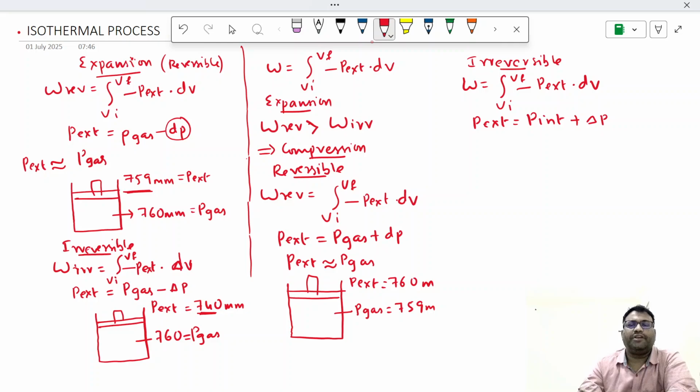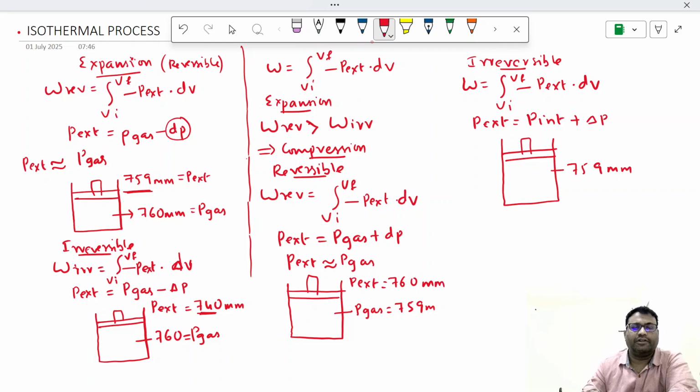Now P external and P internal are differing more. So now let us take this gas. Now you see P external, P internal, let it be 759 mm of Hg, but P external will be something like 780 mm, more.